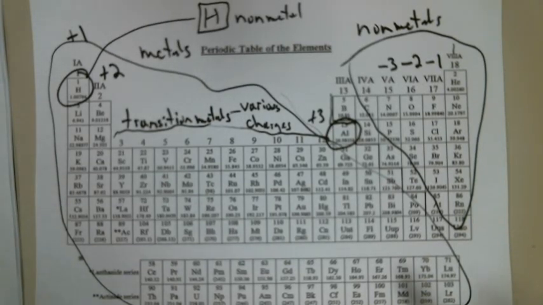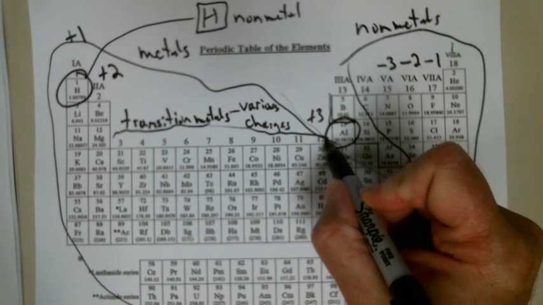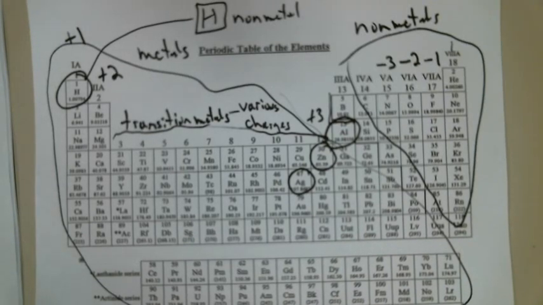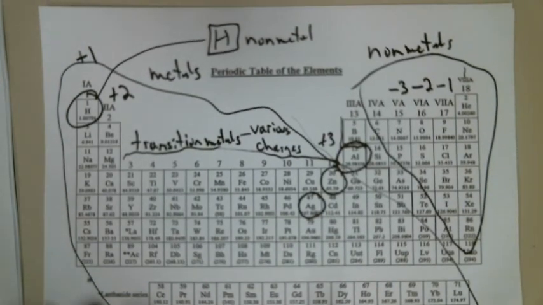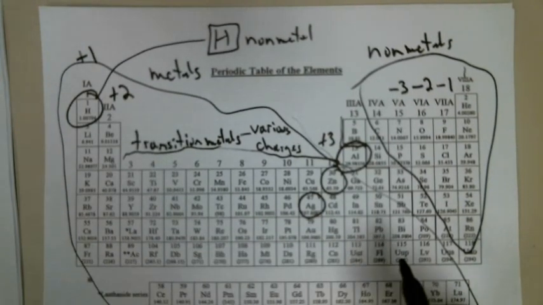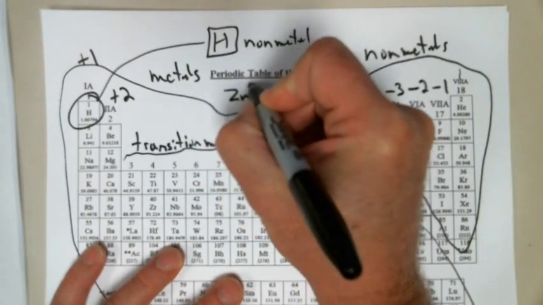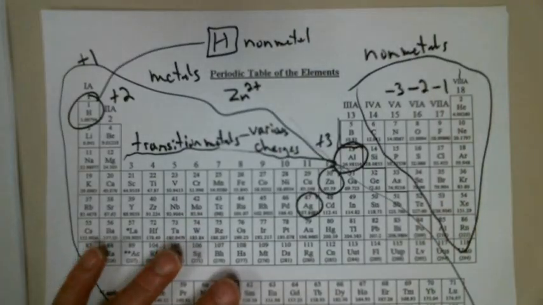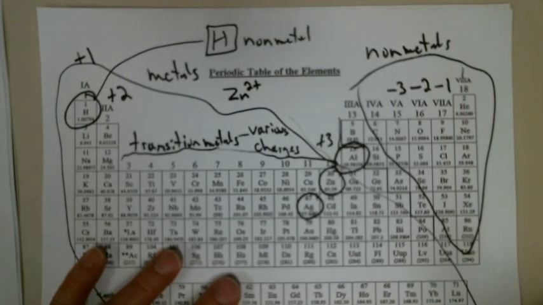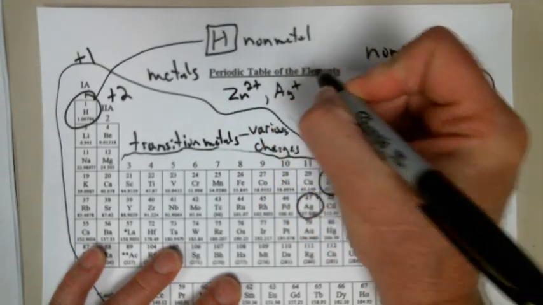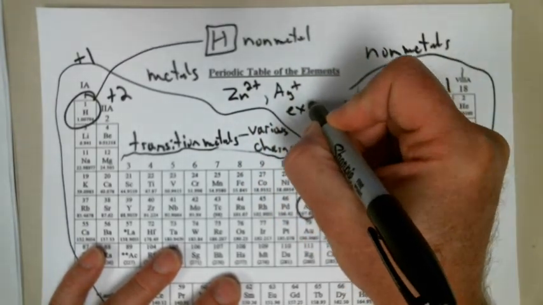And that is that zinc and silver are exceptions. And this drives me crazy. But so transition metals can have various charges, but zinc is always going to be a +2, and we're expected to know that zinc is +2 in compounds, and silver is +1, and those are our exceptions.